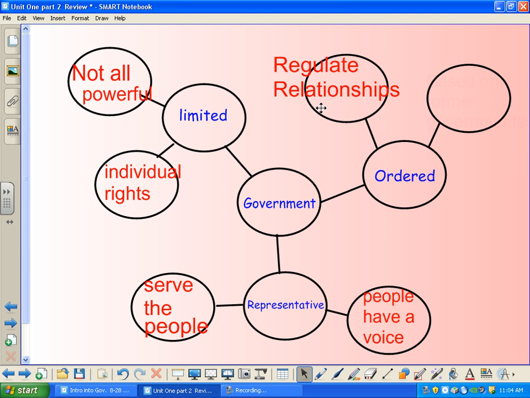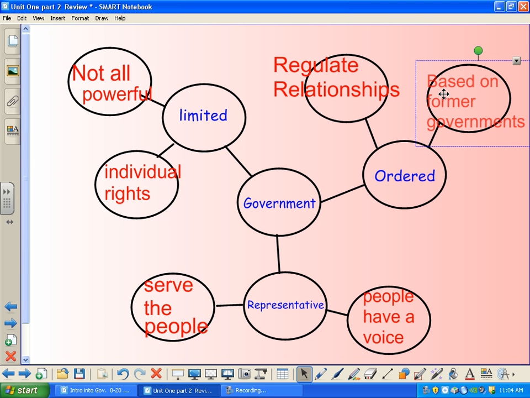For example, simply put, in our government, we have states. So we've broken down into 50 states. We break down again into communities and counties, and within those we have different ways to do things, and so they are regulated and ordered by their government.